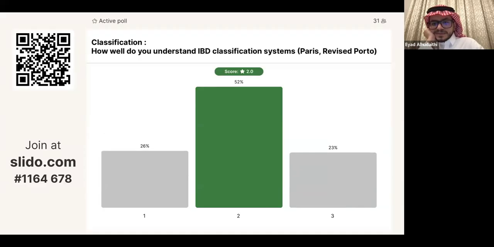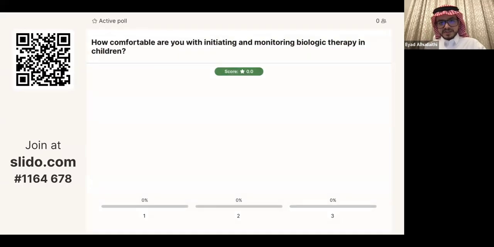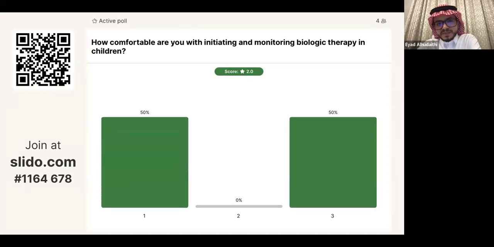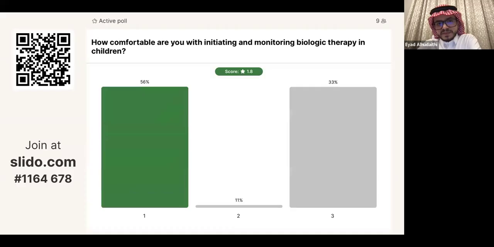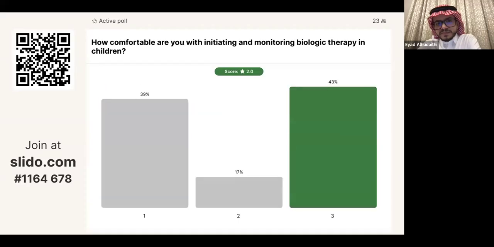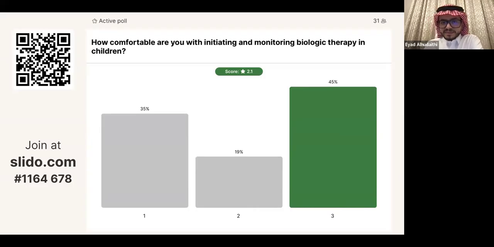For the most part, it's moderate. So most of you have heard about IBD classification. How comfortable are you with initiating and monitoring biologic therapy in children? The ratings range between very confident and a little bit not confident.